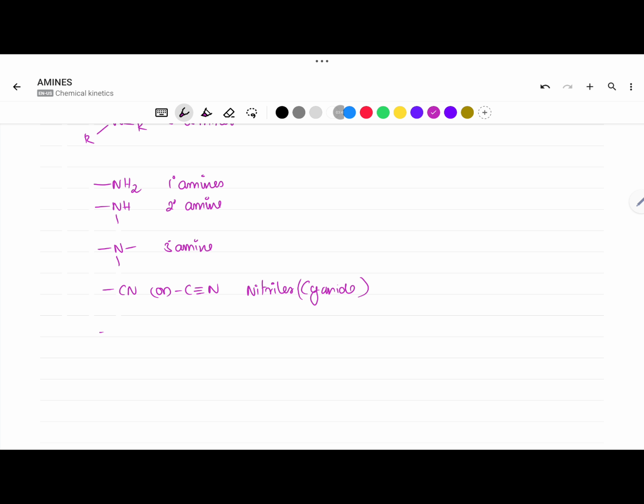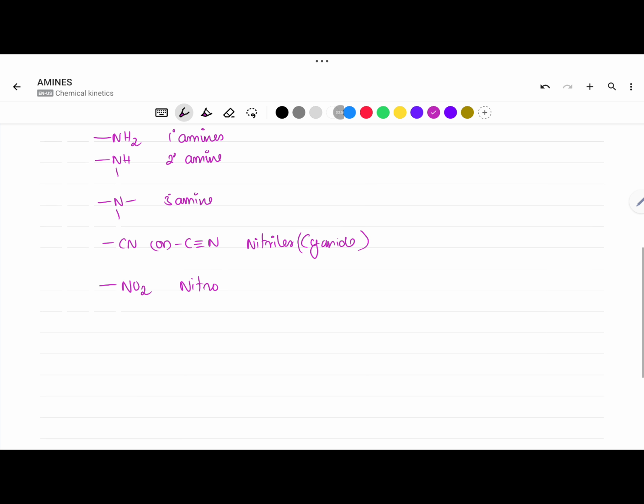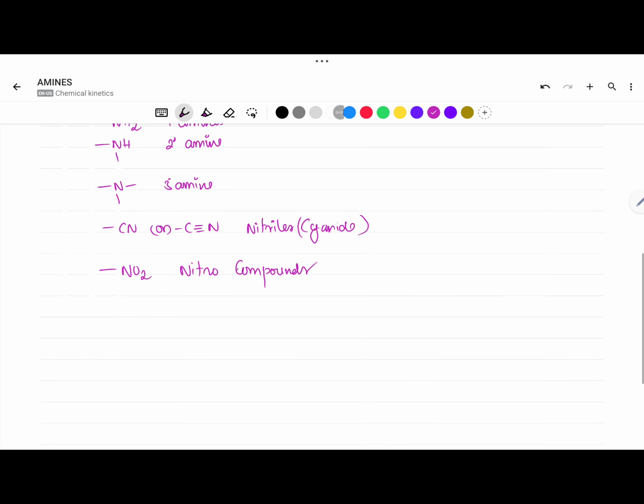So this group that is NO2 is also known as nitro. Compounds having this nitro group are referred to as nitro compounds, right?